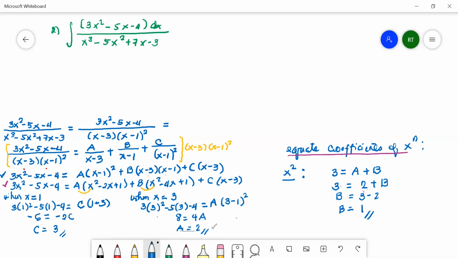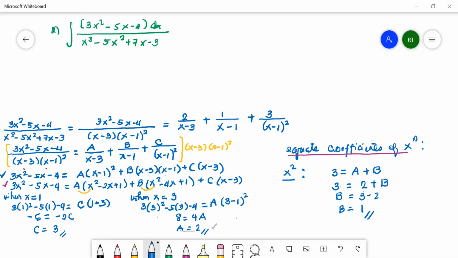And since a is equal to 2, then we have 2 over x minus 3, okay? B is equal to 1, so 1 over x minus 1 plus c is equal to 3 over x minus 1 raised to the second power.